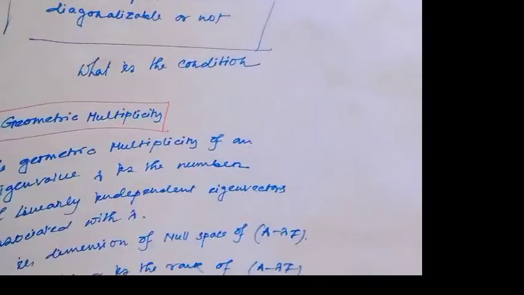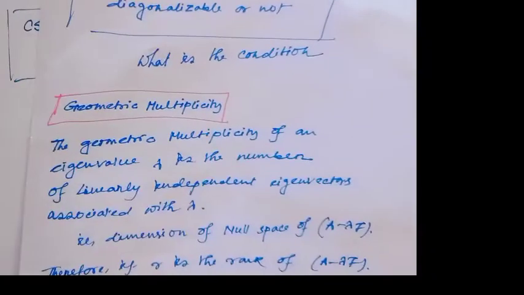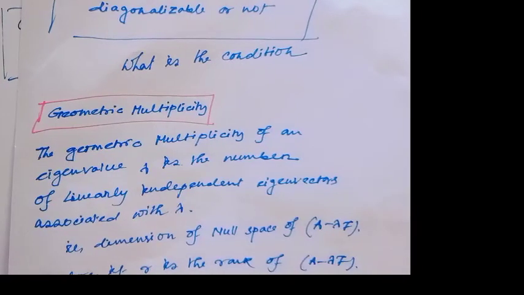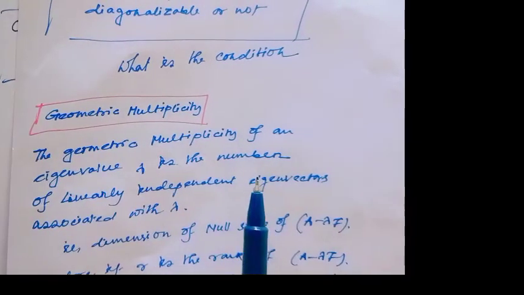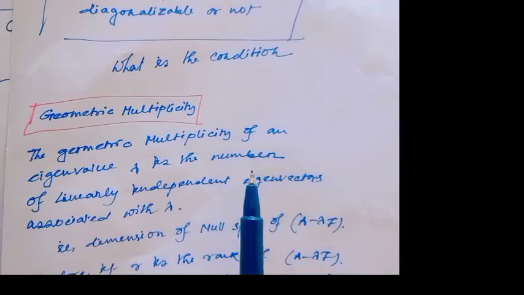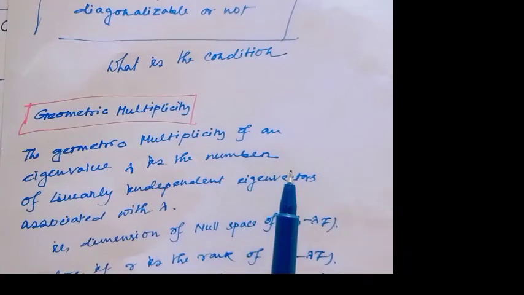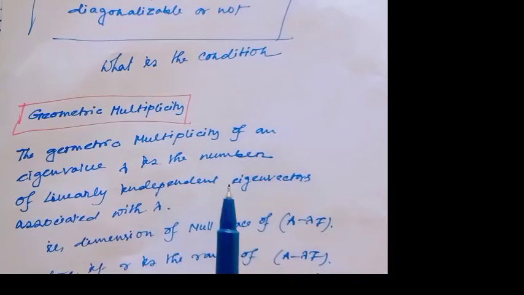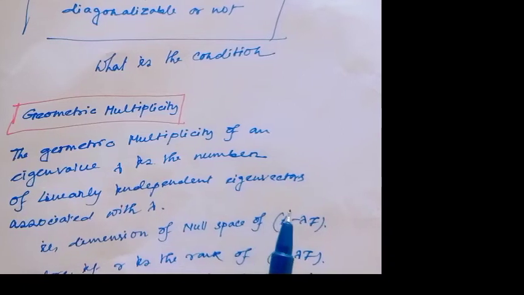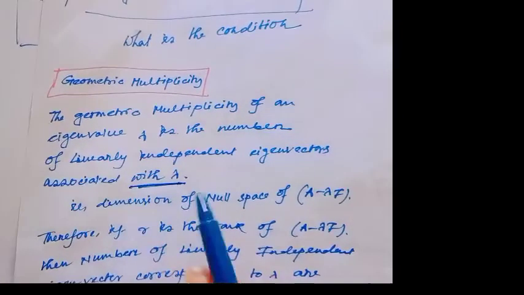Geometric multiplicity. All of us know what the geometric multiplicity is. In my previous video, I discussed that the geometric multiplicity of an eigenvalue lambda is the number of linearly independent eigenvectors associated with lambda.